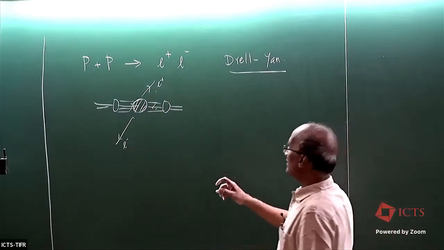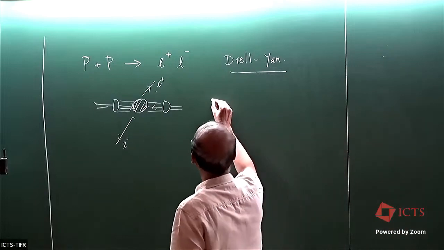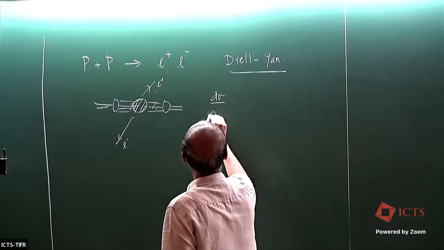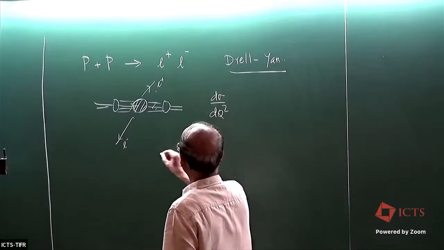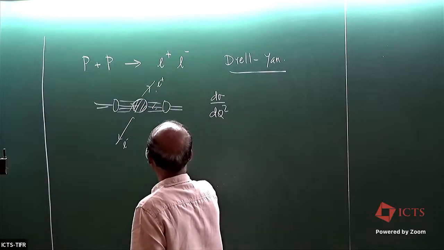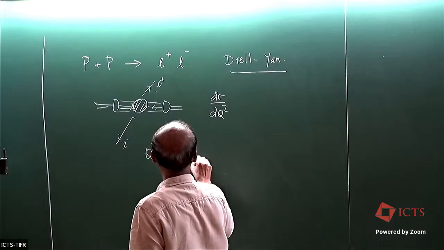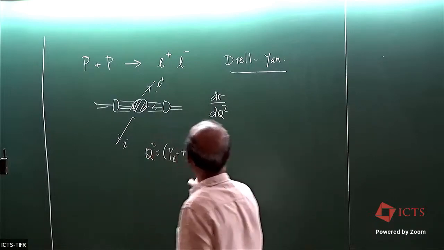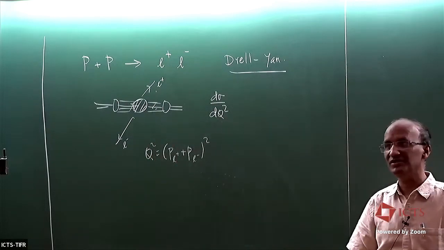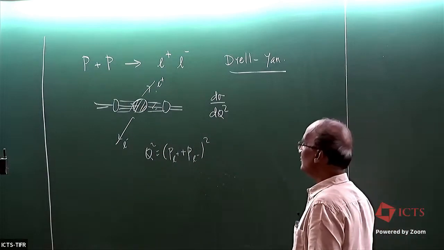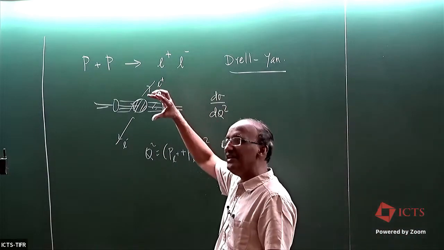For example, I want to calculate d sigma by dq square, where q square is the invariant mass of the L plus L minus pair, squared.